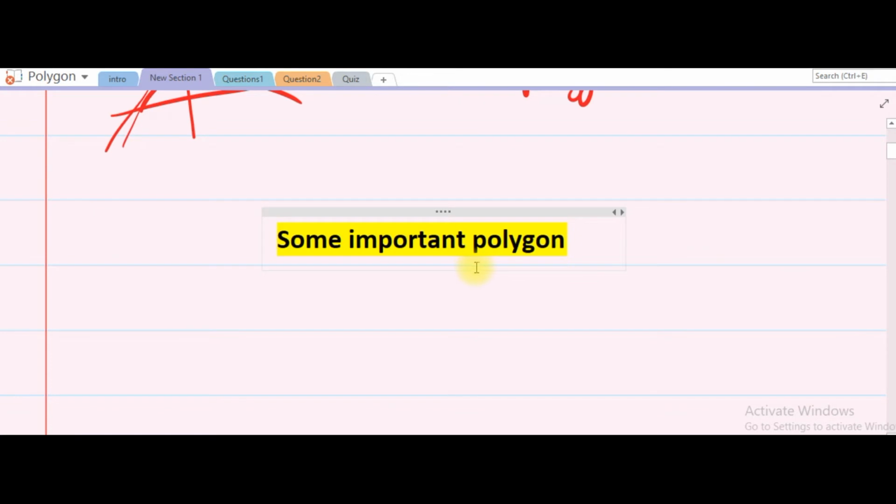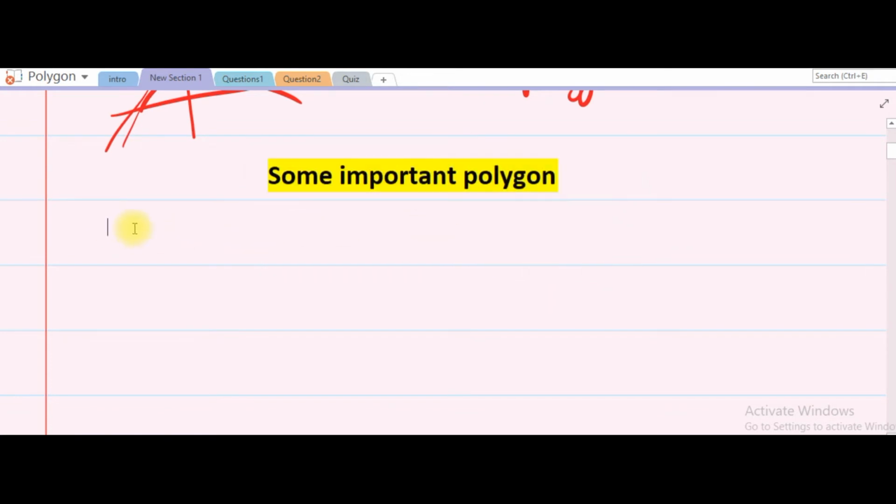So we now move to the next title: number of sides and the name.